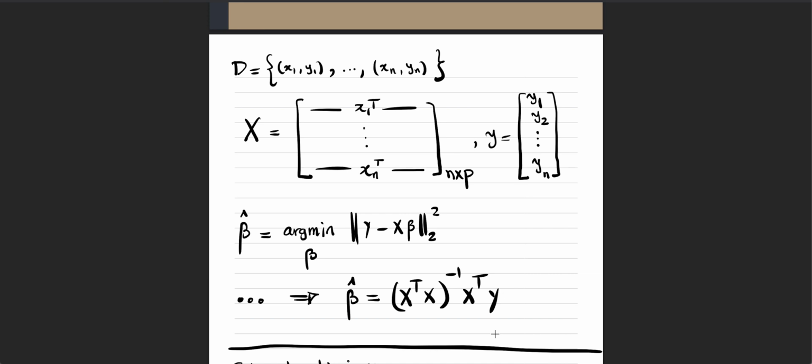Now the question is, how do these coefficients change if we had standardized the predictors? Again, the question is, how would these coefficients change if we had standardized the predictors?